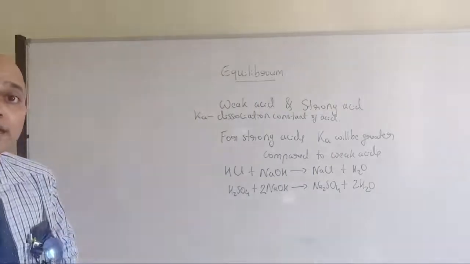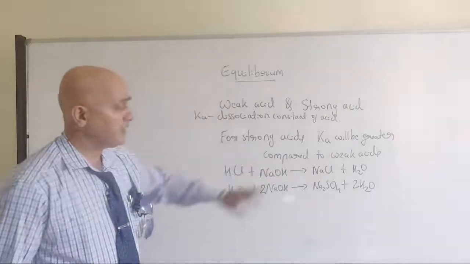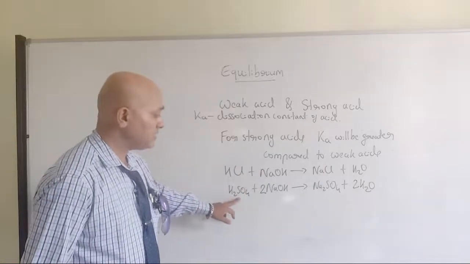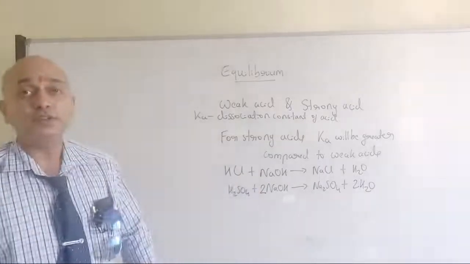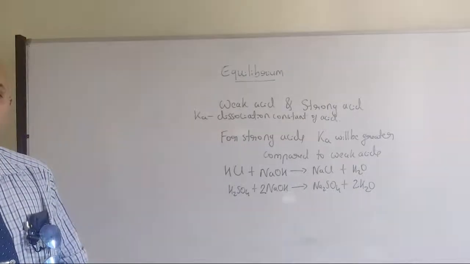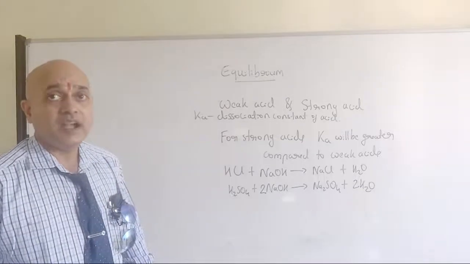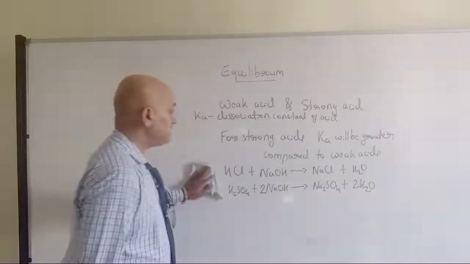So for HCl, it can neutralize one base, but sulfuric acid can neutralize 2 bases, that means 2 molecules of sodium hydroxide. That means it is a polybasic acid. Hagadre, what do you mean by that?